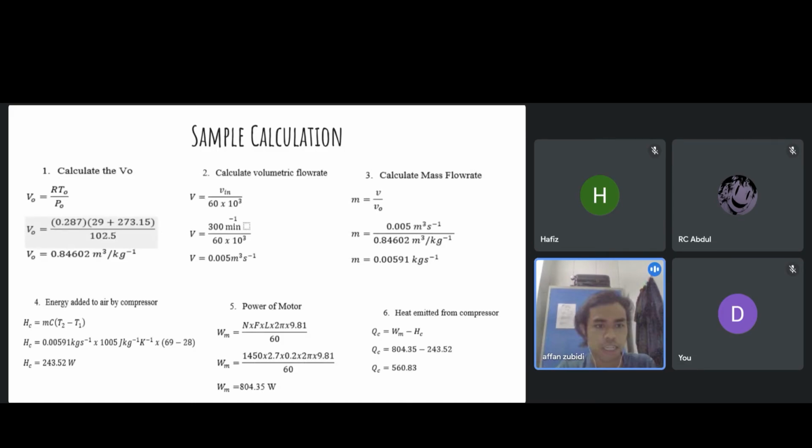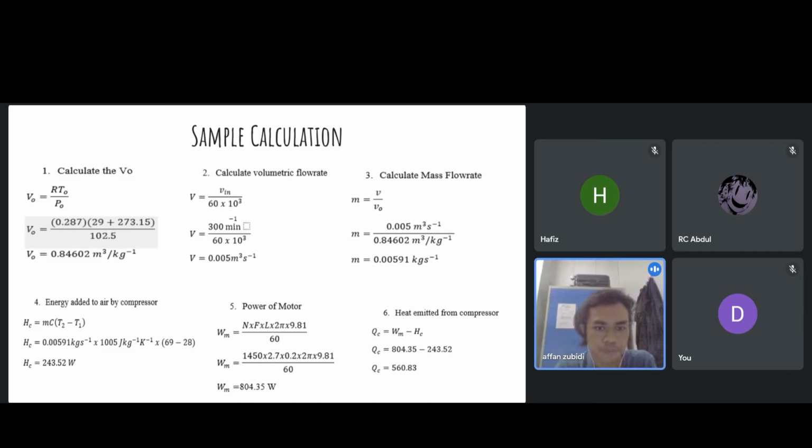We need to repeat the calculation up to the time equals 33 minutes. So at the first minute, we get HC equals 243.52 watt.